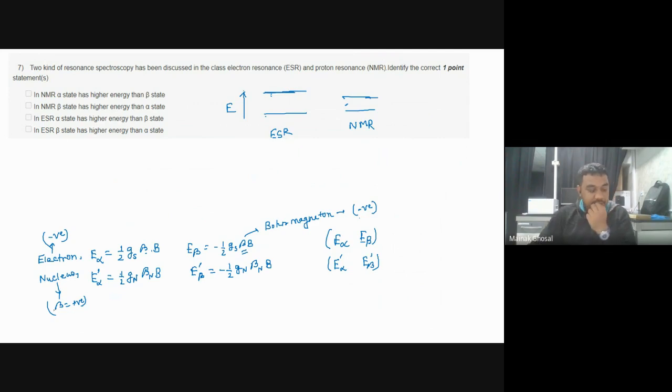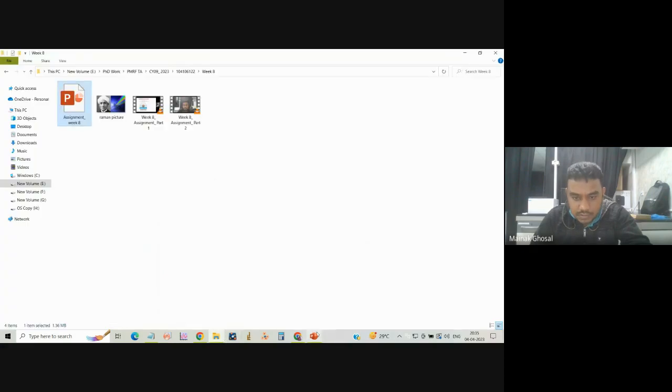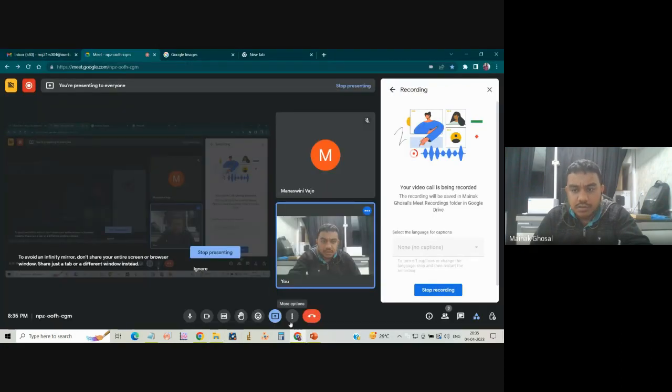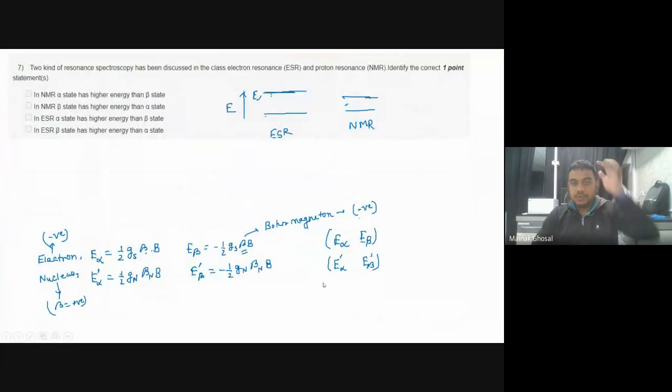So you can see that for the electronic case, the alpha will be higher in energy. Okay, so your E alpha will have higher energy, and your E beta will have lower energy here, right?